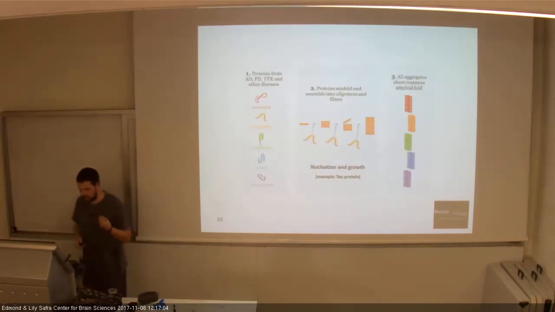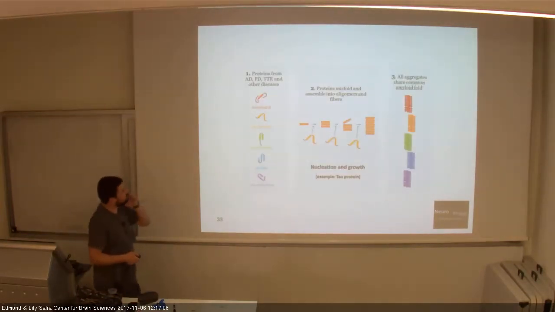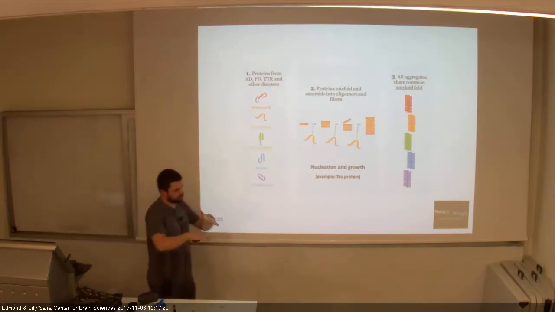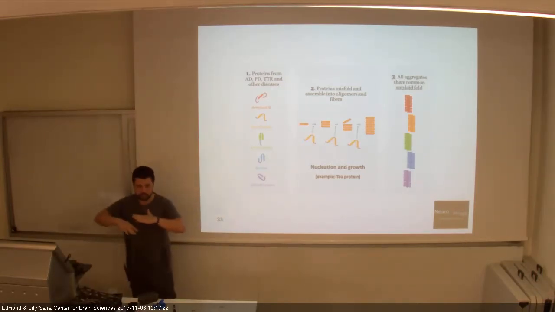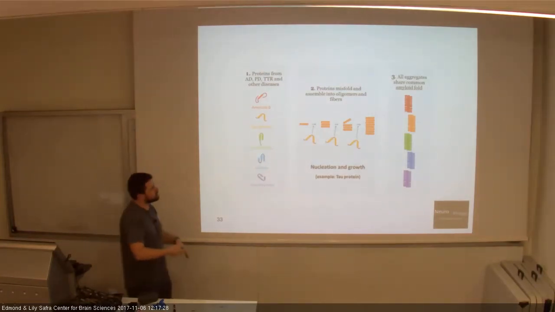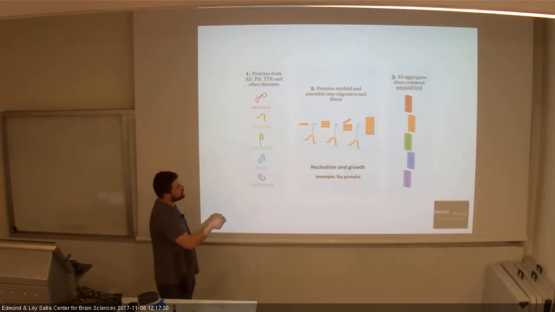So what actually happens, and this is a very general mechanism, is that a lot of the time when these proteins do not fold correctly, they assume a beta conformation, meaning a conformation of a beta sheet. And this conformation, because it has a large surface area, because of van der Waals interactions, starts to stack and aggregates.